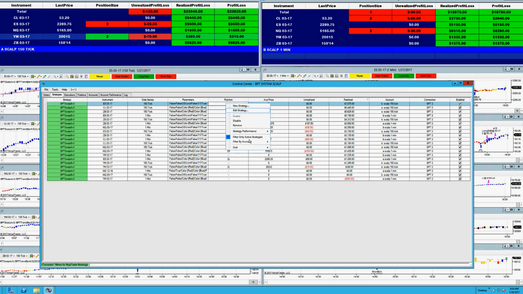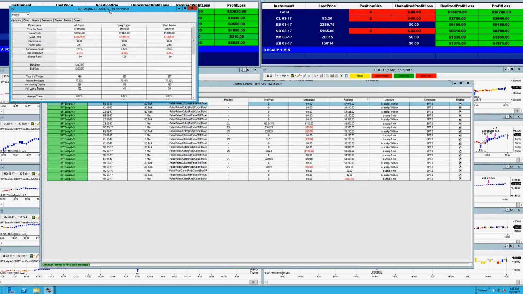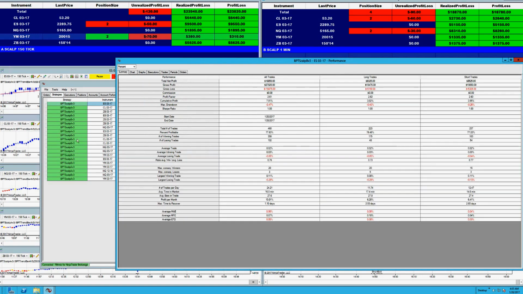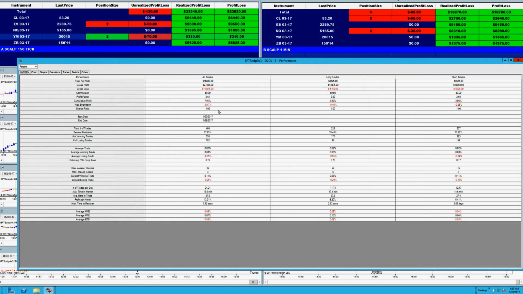When we right click on the first one, we can go to the historical and real-time performance. Now we right click to see the performance here, and then we go to currency.